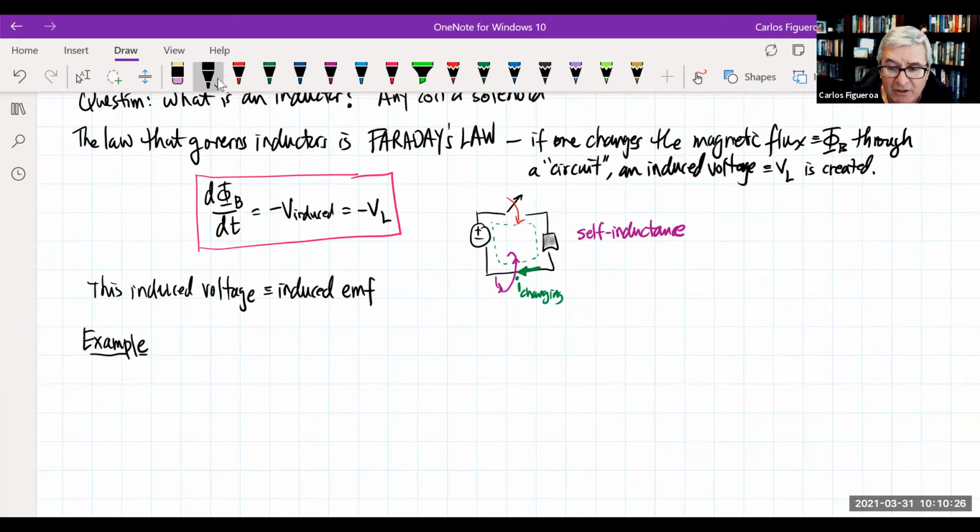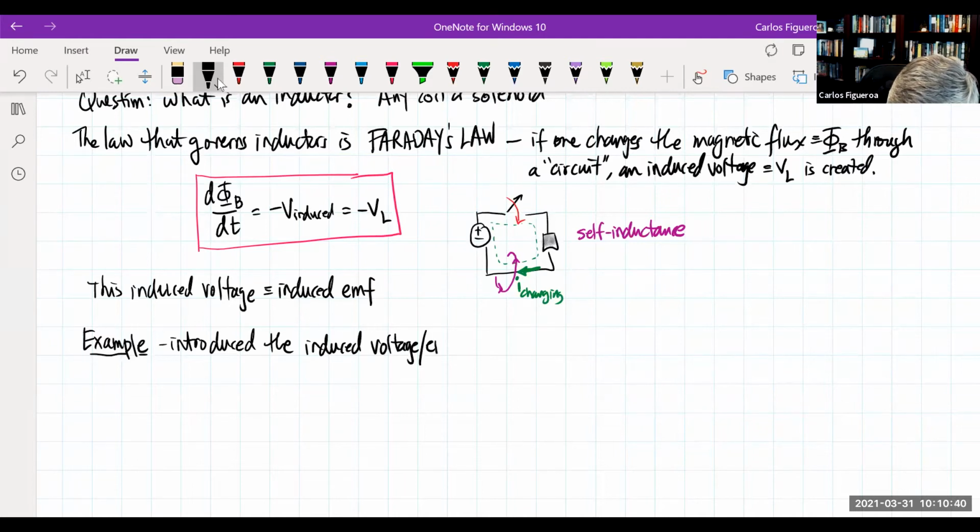I want to introduce the induced voltage. Maybe I should say the induced EMF for a little bit, but we want to get away from that because that's not the way we talk about it in circuits.